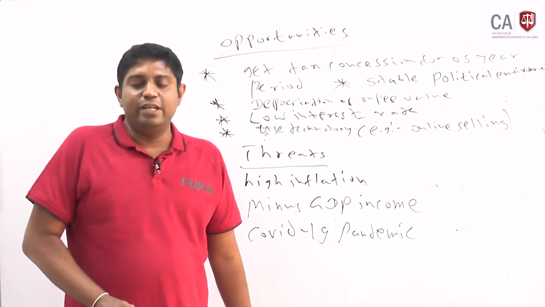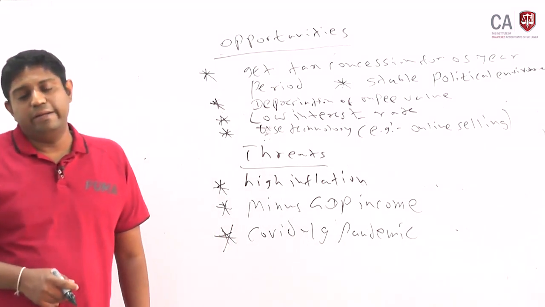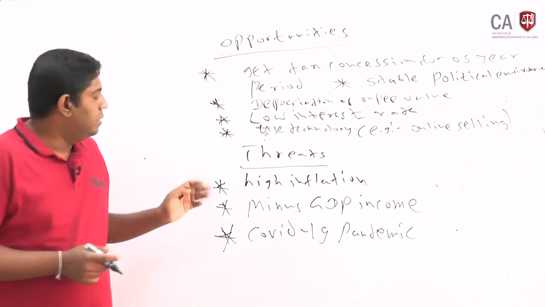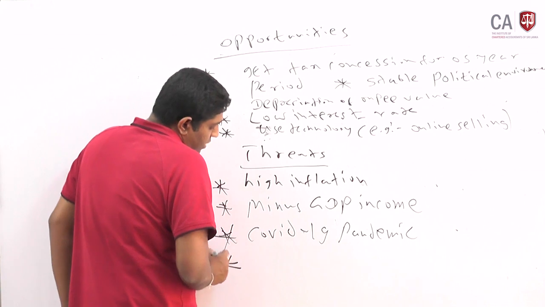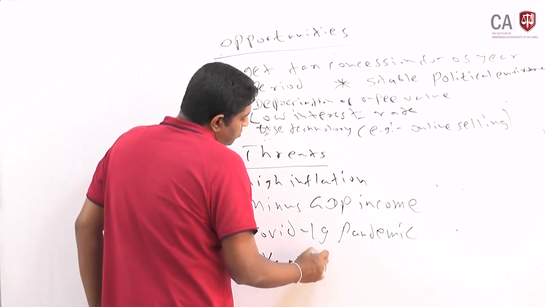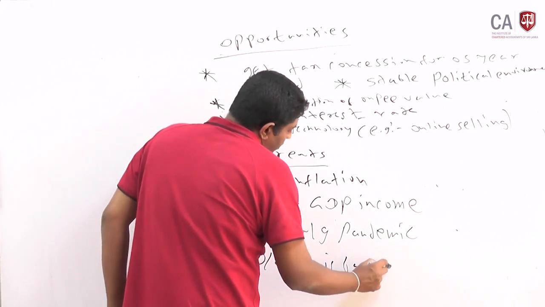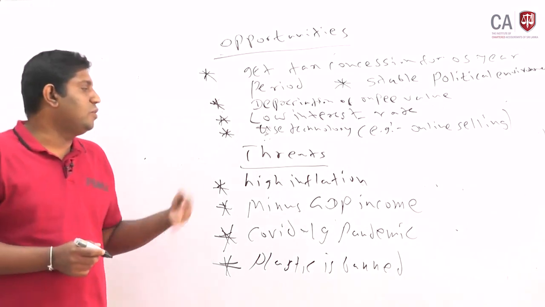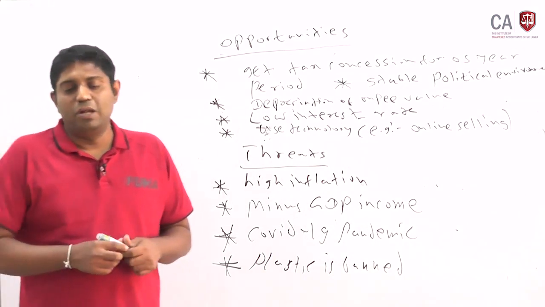The ecological environment is a threat or an opportunity. At the moment we have a threat because plastic is banned. So, we have to cater to this requirement, we have to come up with more environment friendly policies.